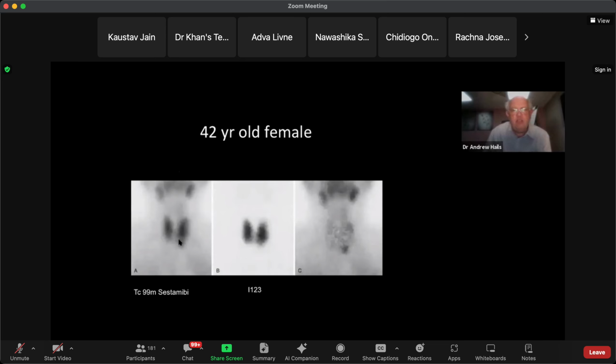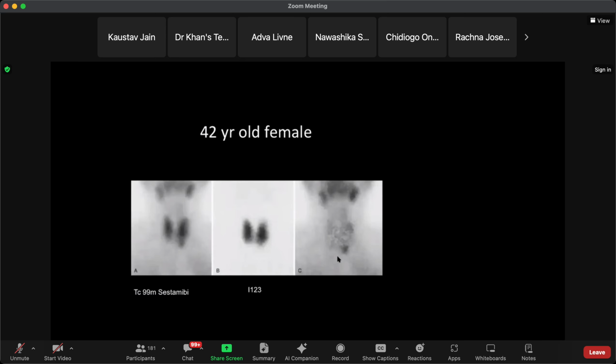Now here we've got a Sestamibi image, an iodine image, and a third image. And this person has hyperparathyroidism. Can you explain what you've got in front of you?